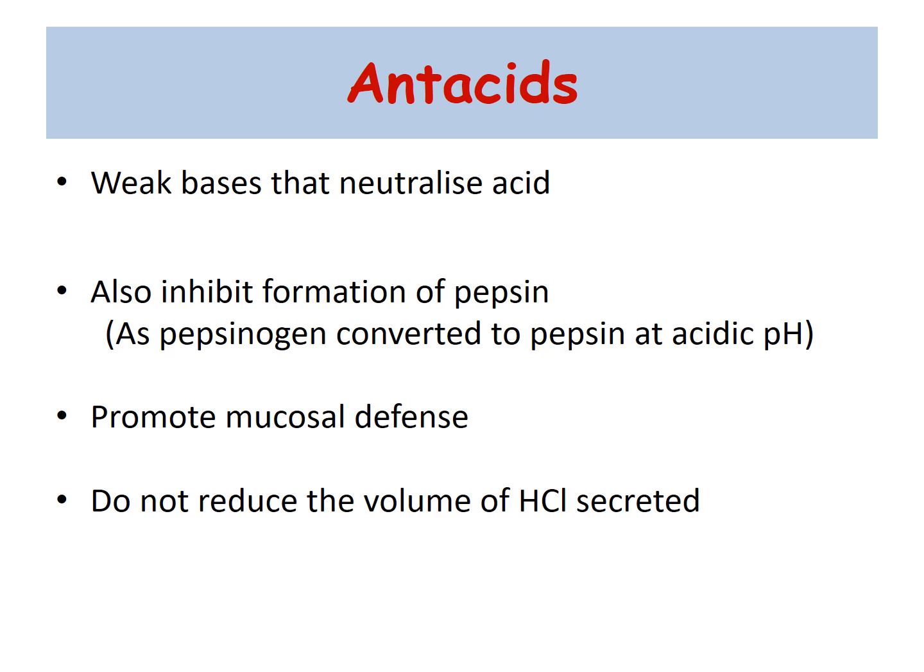And when there is no acidic medium in our stomach or in the duodenum, it will increase the mucosal defense. So the aggressive factor is reduced, so the defensive factor can act more, and it promotes mucosal defense.